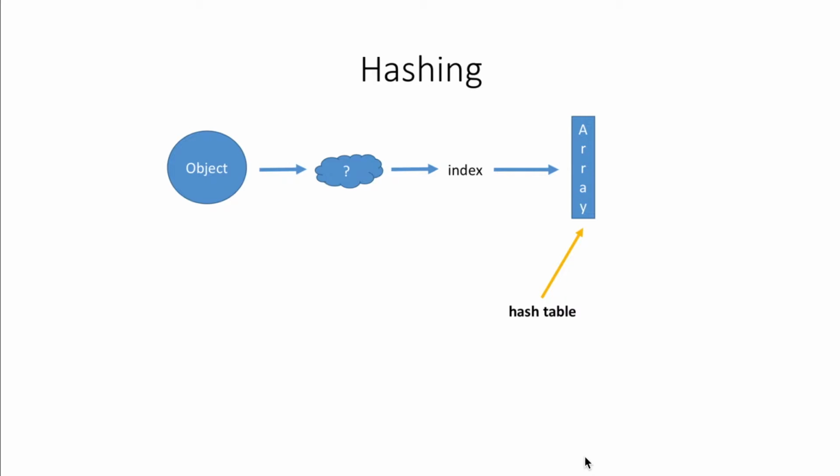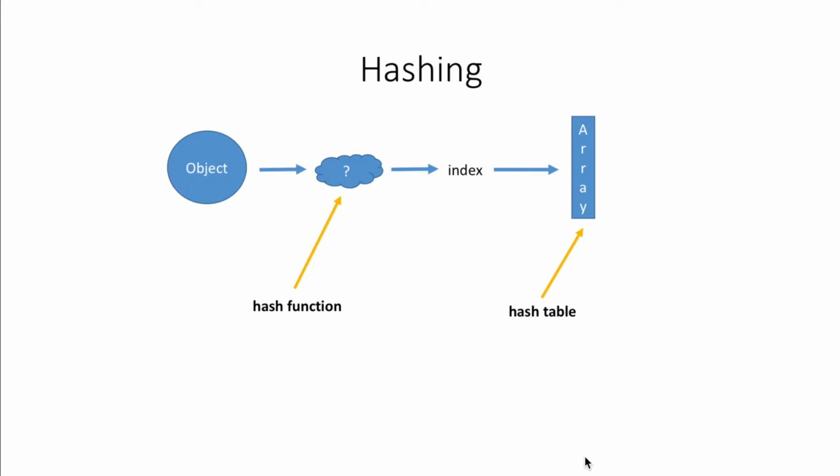Now with hashing, the idea is that we access an array always by an index. And accessing an array by index results in a performance of O(1). So the tough part here is the question mark on the slide. That is in the cloud, and that is a hash function.